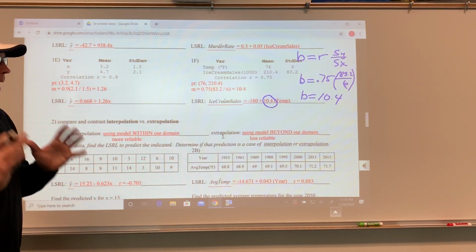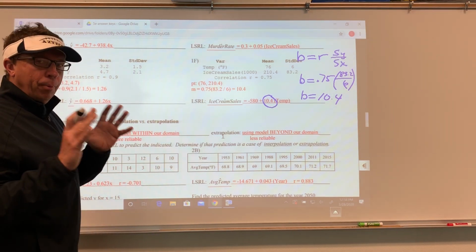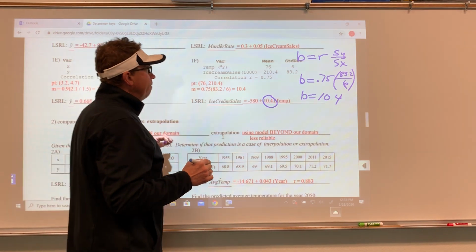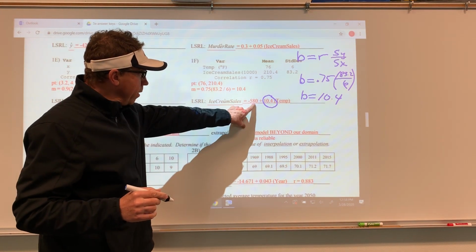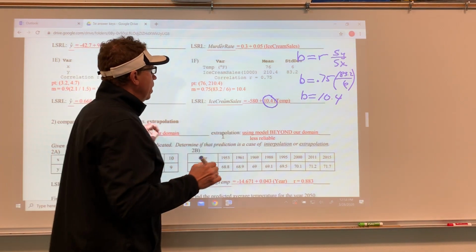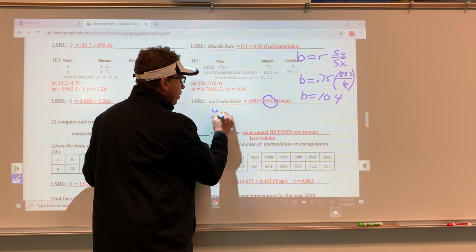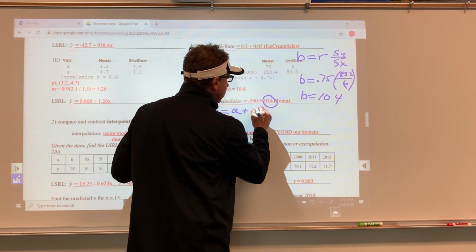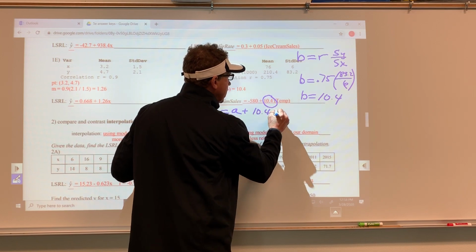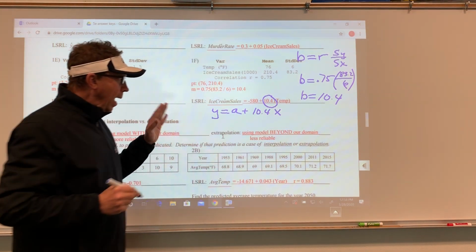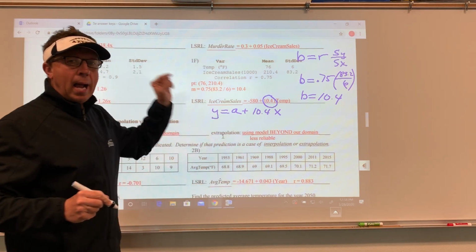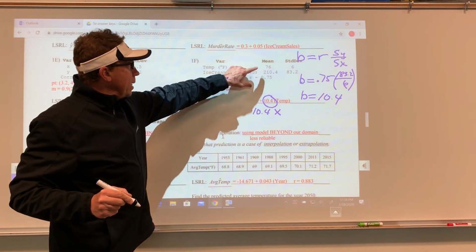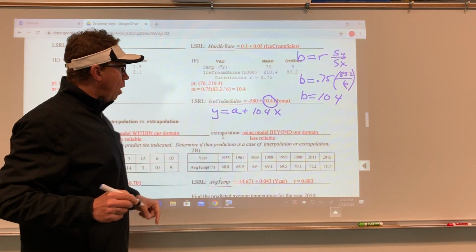All right, now, once we got 10.4, we need to figure out what a is, the y-intercept. We know the answer is negative 580. And we're going to use this formula, y equals a plus bx. Now, do I have a coordinate x, y? I do. It's the mean of the x's and the mean of the y's.